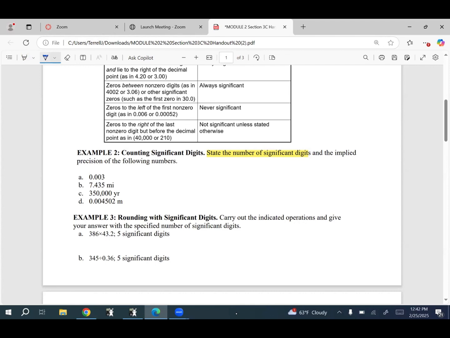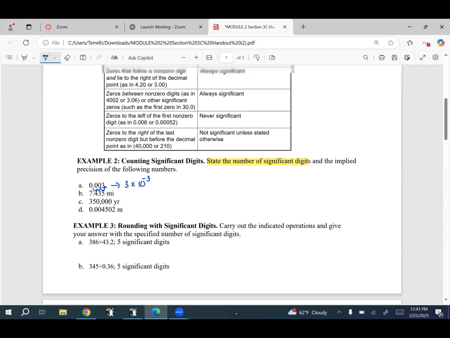To do that, I move the decimal point however many times I need in order to get a number between 1 and 10. So that means 1, 2, 3. And if I do that, I get 3 times 10 to the negative 3. Remember, I moved it 3 times, but how you know if it's positive or negative is whether you're dealing with a big or a small number.